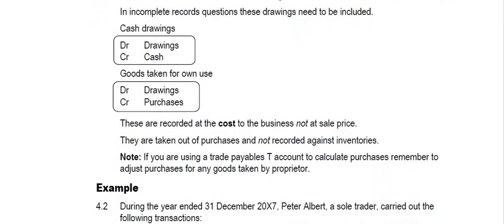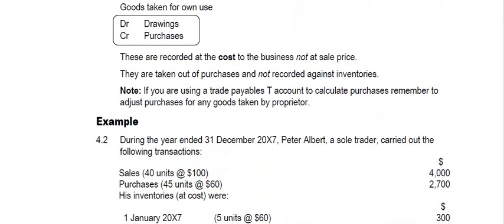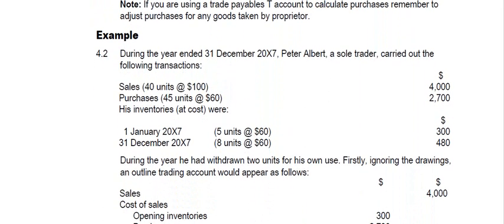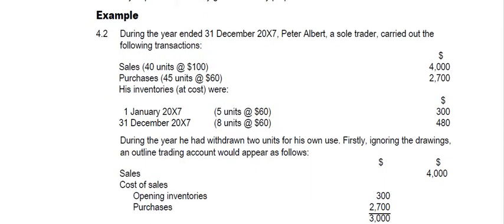So let's look at our last example. In this last example, we've got Peter, who is a sole trader, who carried out the following transactions during the year ended 31st December X7.